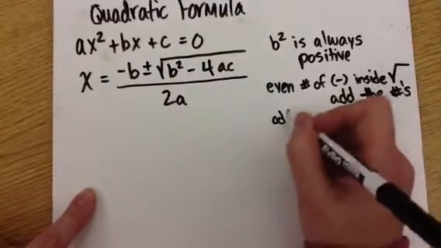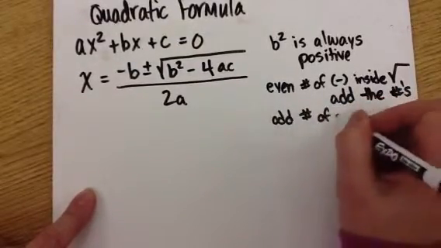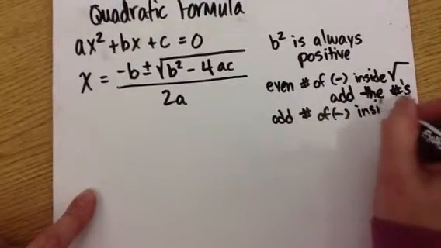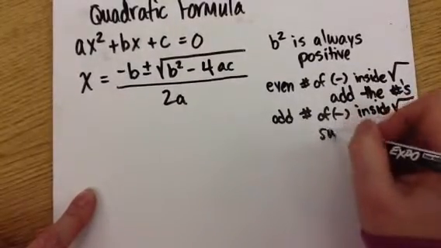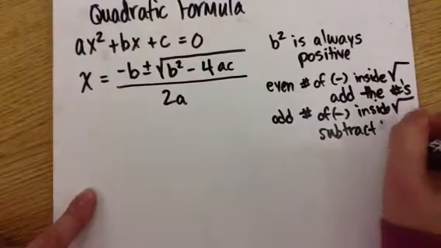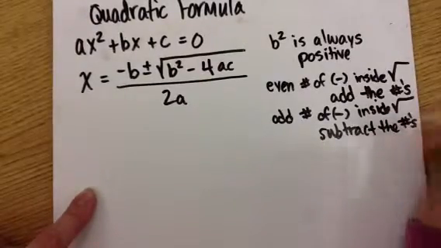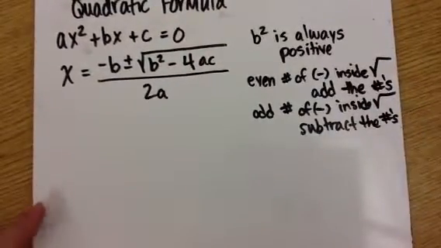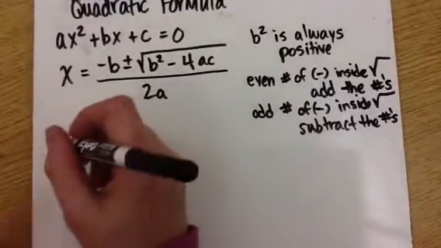If you have an odd number of negative signs inside the radical, you're going to be subtracting the numbers. So let's look at some examples.